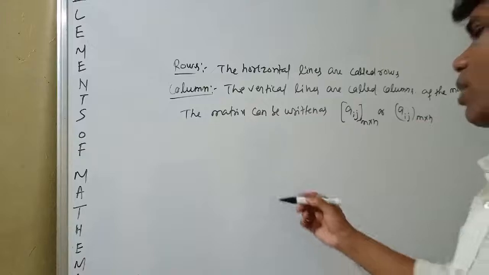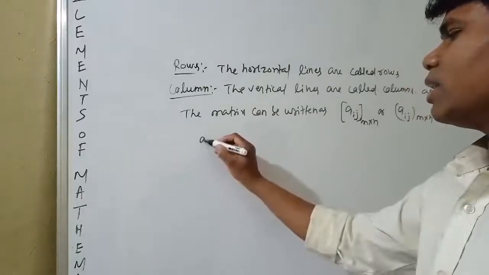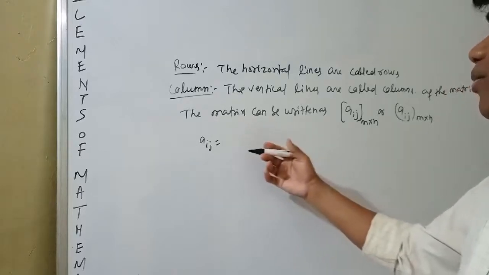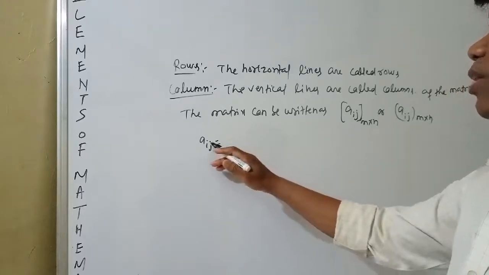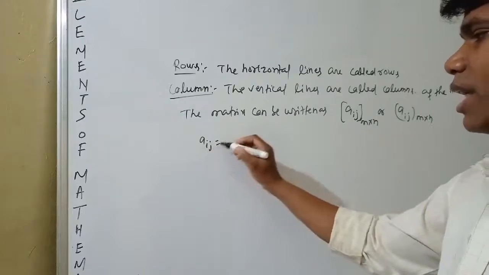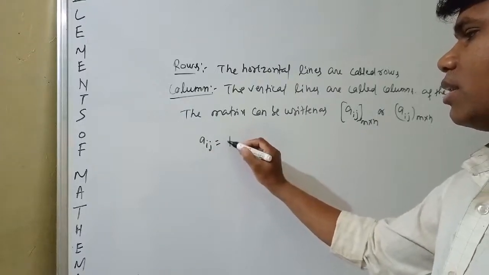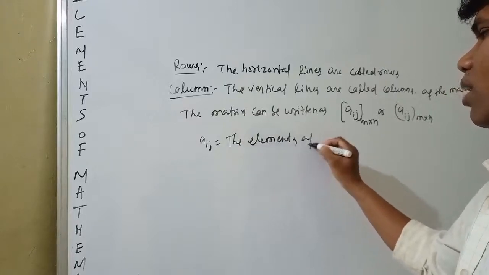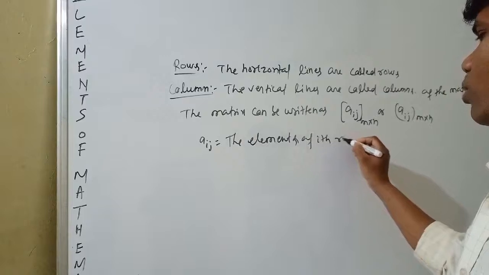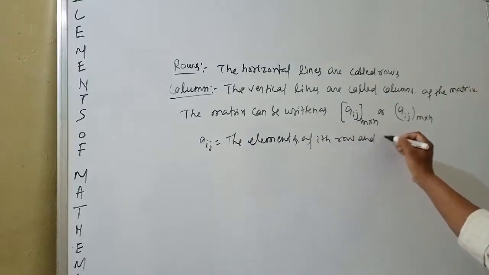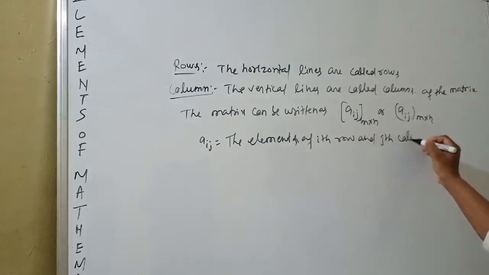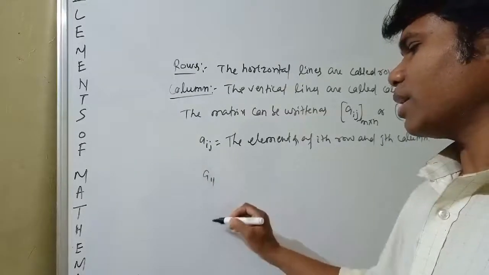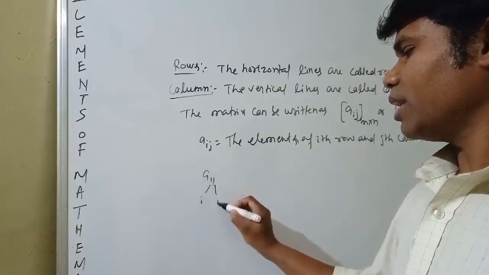What is Aij? Aij is the element of the ith row and jth column. Suppose you write A11, this is your i, this is your j.